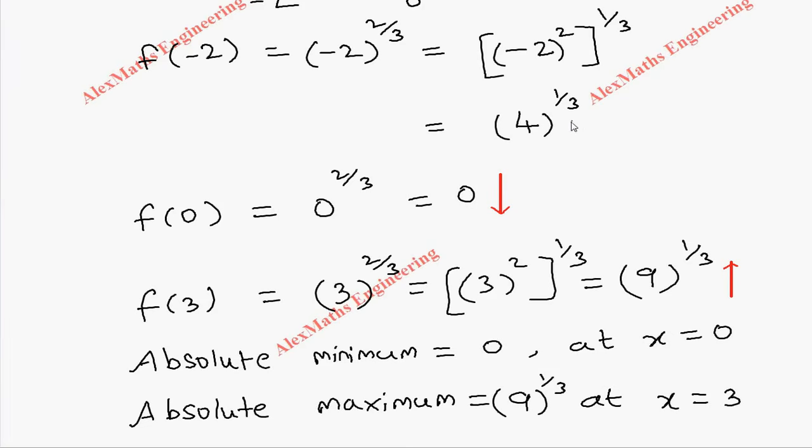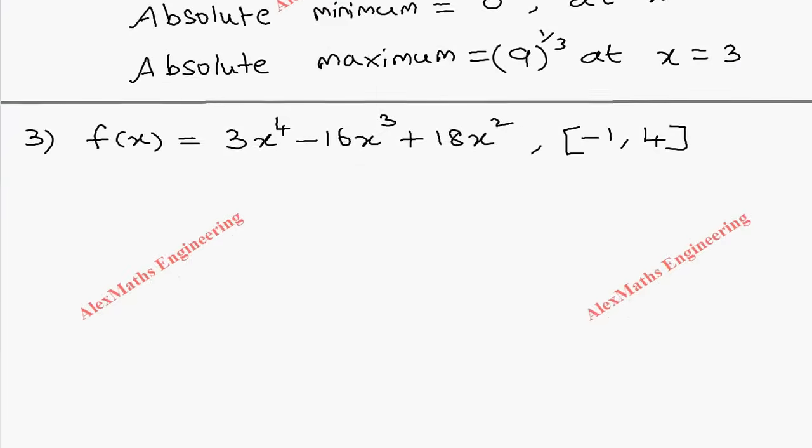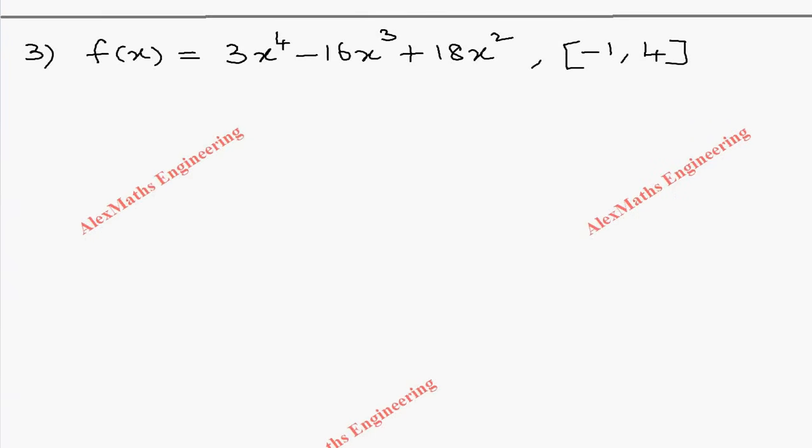We can also further simplify this. This value will be 1.59 and this value is 2.08. Next problem, we have f of x equal to 3x power 4 minus 16x cube plus 18x square in the closed interval minus 1 comma 4.